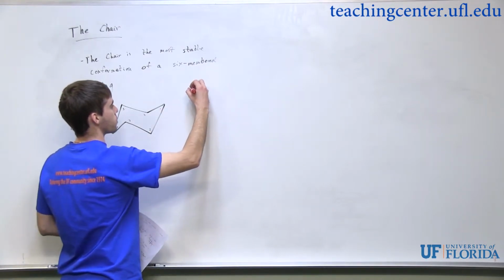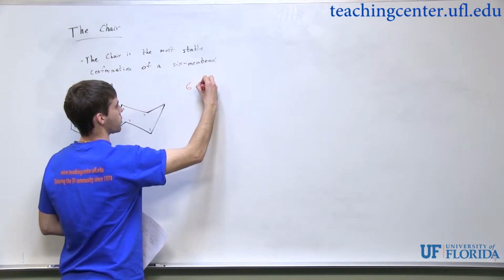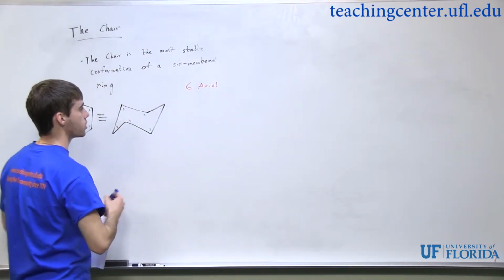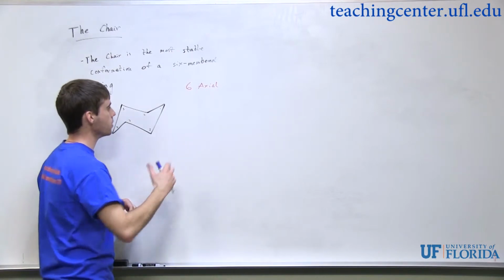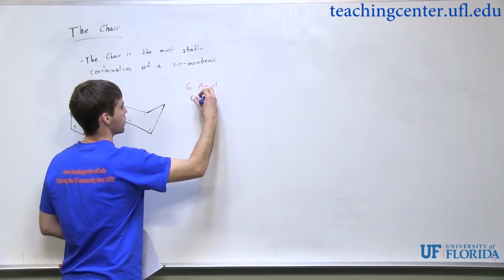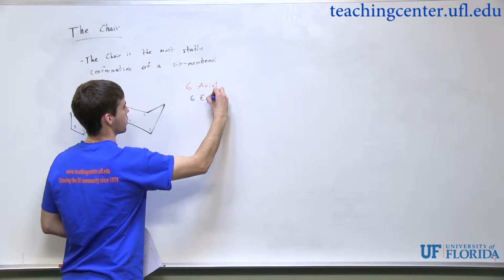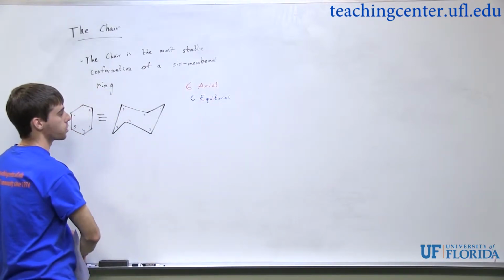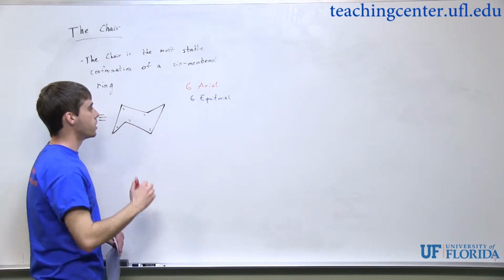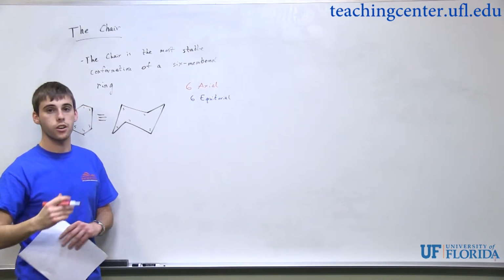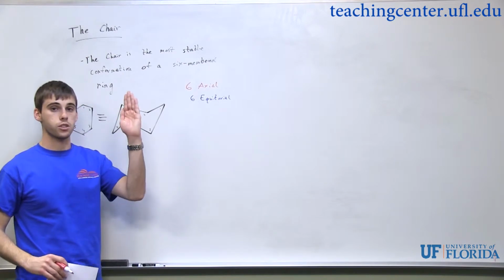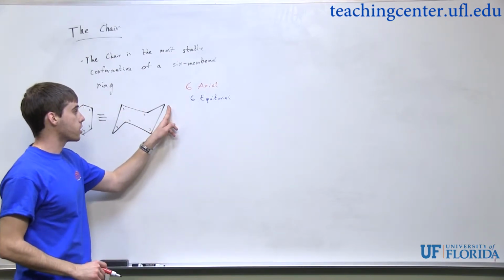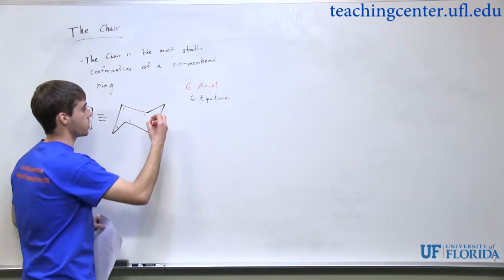I'm going to label those in different colors to really make them stick out. So you have 6 axial, and then you have 6 equatorial. We'll start with drawing the axial positions. When you're looking at the chair, you're either going to be saying the substituent is up or down. I always start right here at 1, where the axial position is up.